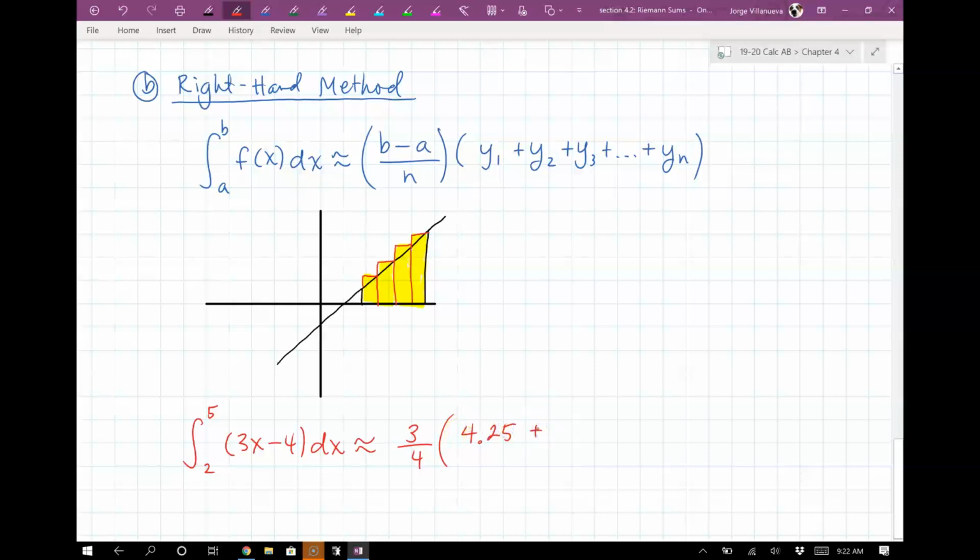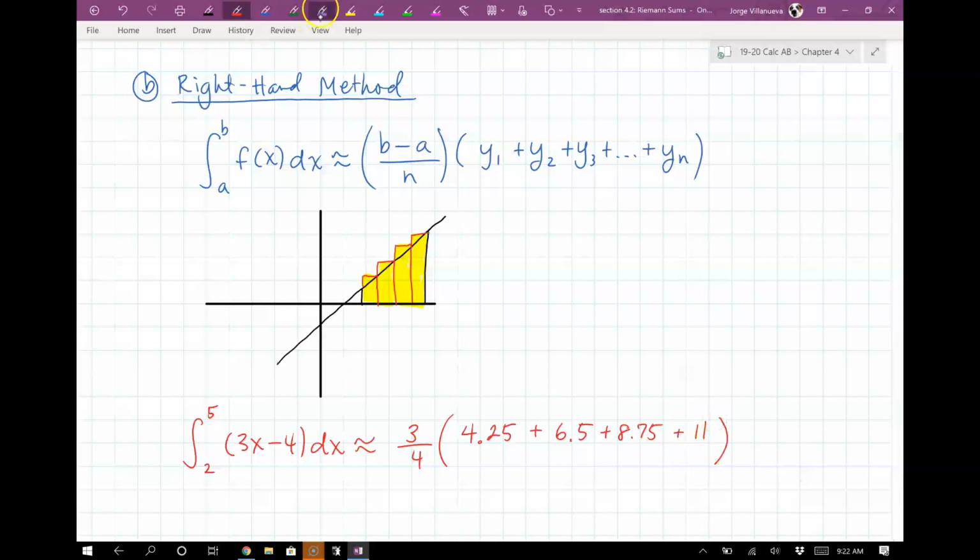Y sub 2, 6.5. Y sub 3, well, that's 8.75. And I have to go all the way up to y sub 4, right? Because that's the n value. So I've done y sub 1, y sub 2, y sub 3, y sub 4, which would be 11.